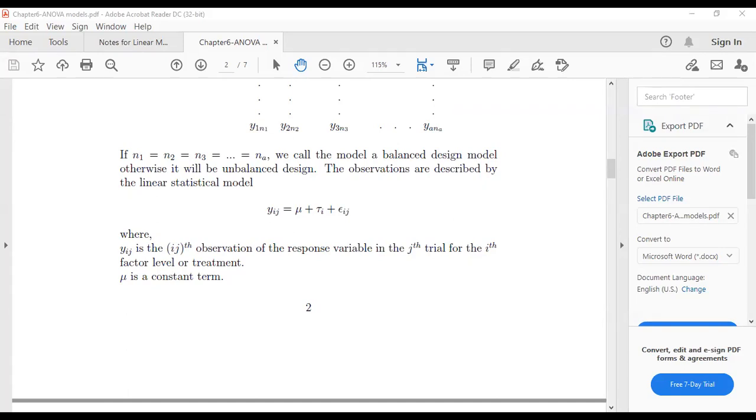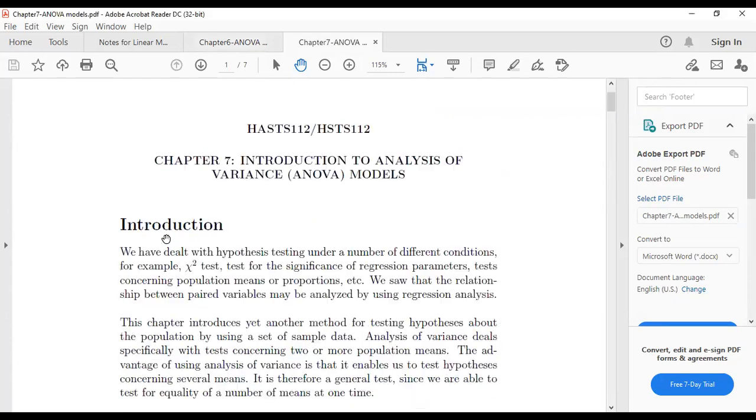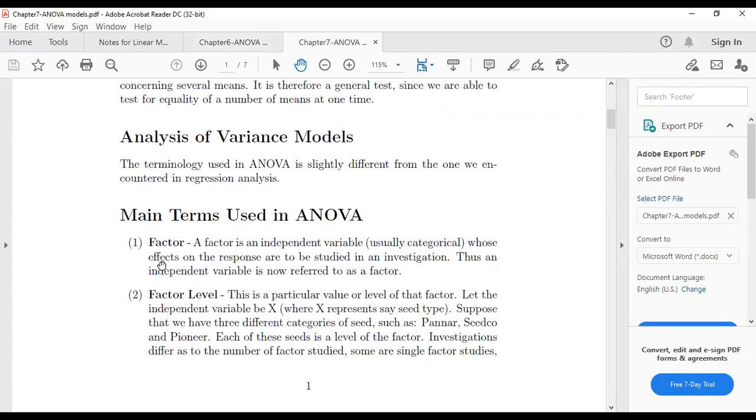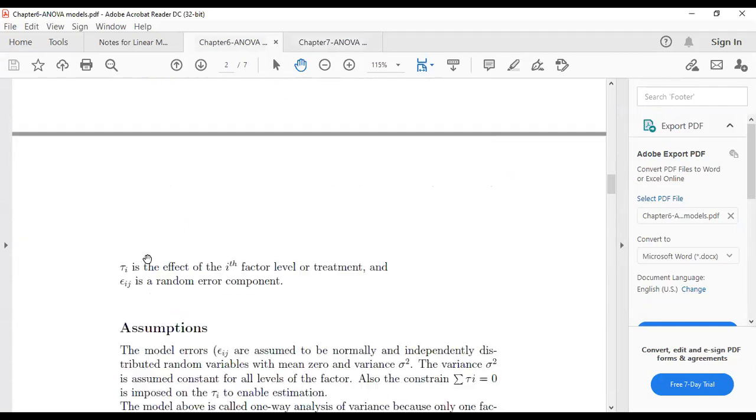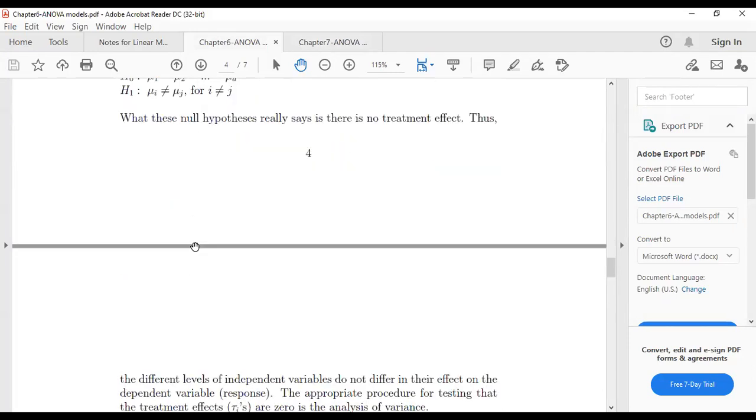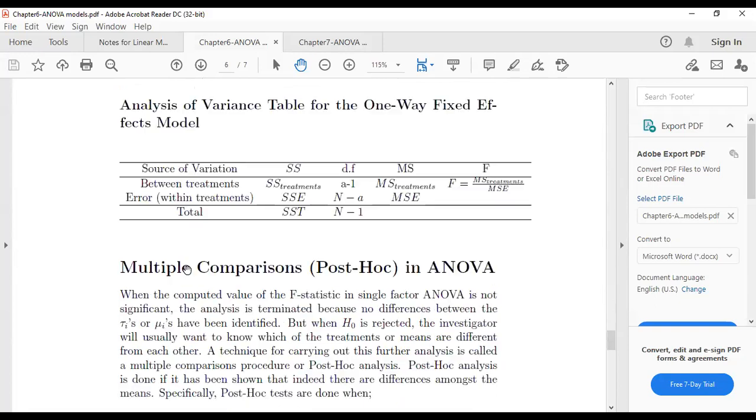So let me go to any notes that I sent you that has an example of this.